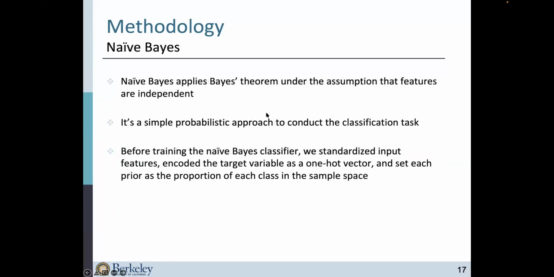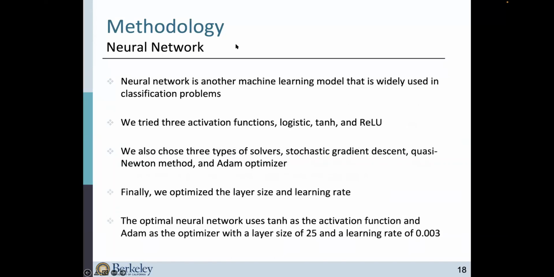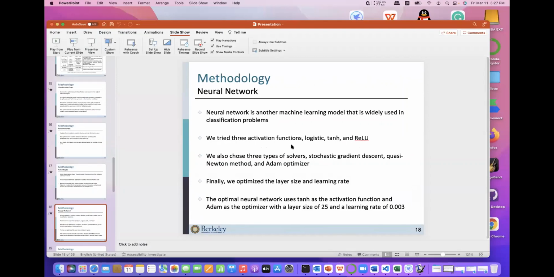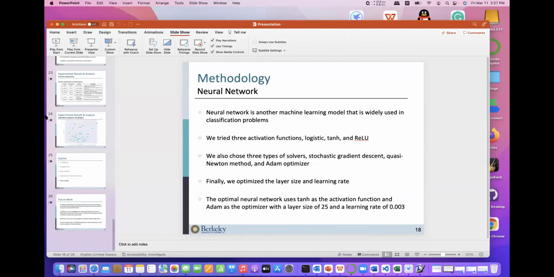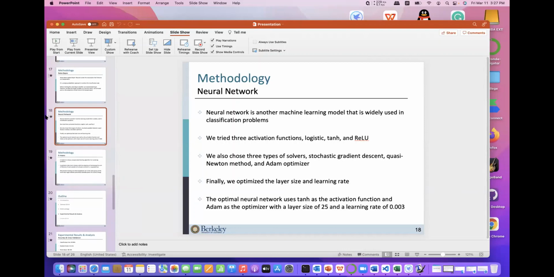For naive Bayes, we set up the prior and process the input as a one-hot vector and standardize it. For the neural network, we optimize the activation functions, solvers, layer size, and learning rate. These are all realized by scikit-learn, which is very famous for machine learning in Python.